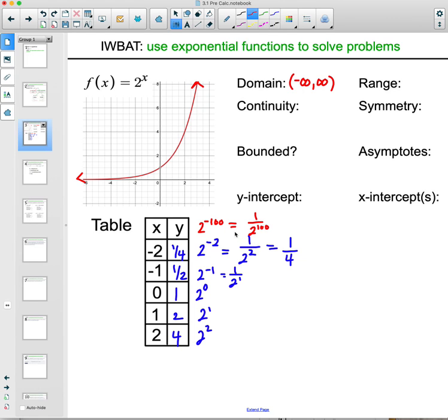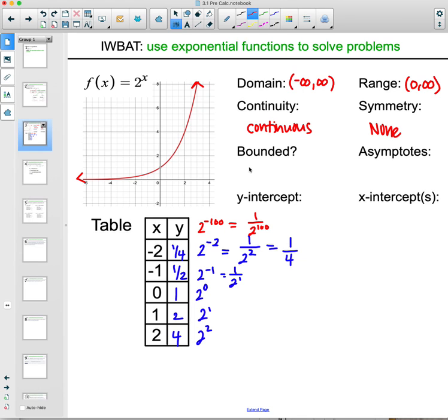So it's just going to be very small, but still bigger than 0. So you have to get back numbers that are higher than 0. We're not going to include 0, and then it can go up to infinity. Continuity: there's no breaks, like I said earlier, so this one is continuous. Symmetry: it doesn't flip over the y-axis. It also doesn't rotate around the origin, so this one has no symmetry.